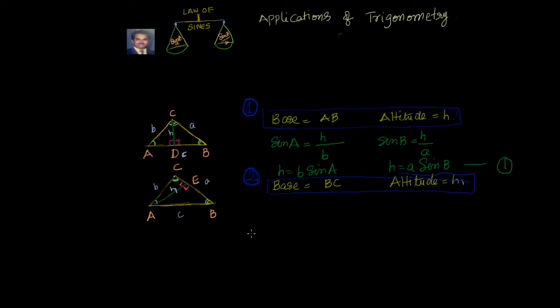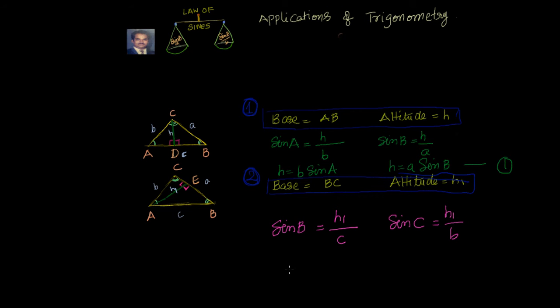Now we want to find out h1. Here the angle is 90 degrees. If I look from angle B, can I say that sine of B is equal to h1 divided by the hypotenuse, which is c? Similarly, if I look from the other side, sine of C is the opposite side h1 divided by the hypotenuse b.